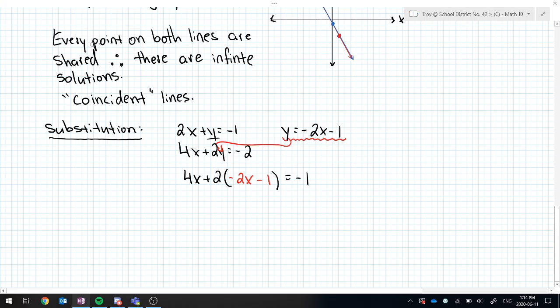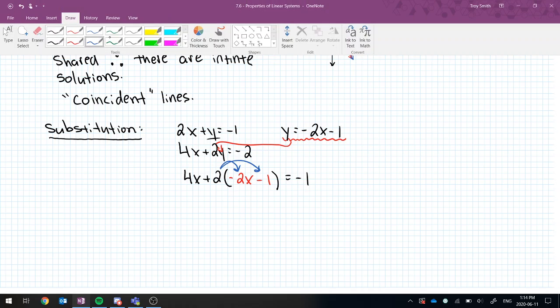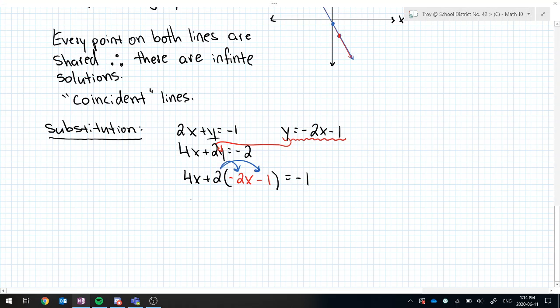So what we'll do next is use our distributive property here. Make sure we get both of those terms with that 2. So it's going to be negative, right? Because 2 times negative 2x is going to be negative 4x minus 2 equals, whoops, not negative 1 there, that should be negative 2, sorry.